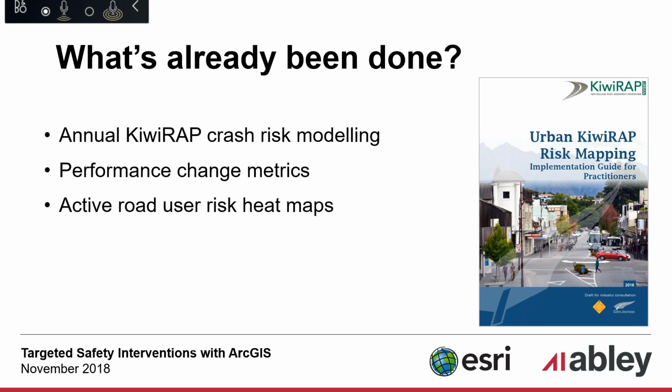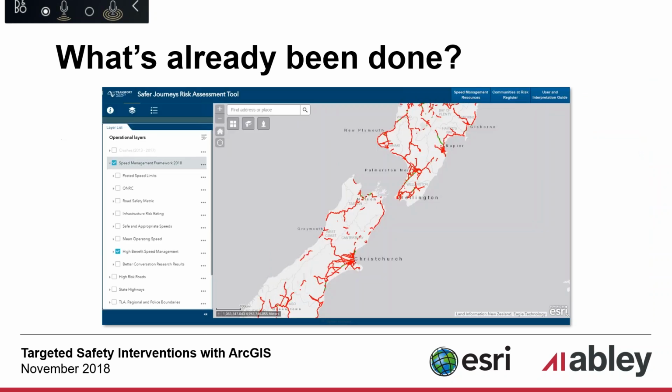We also generate active road user heat maps, and at a national level, we have assisted the New Zealand Transport Agency in developing a very large number of road safety metrics, particularly around speed management.